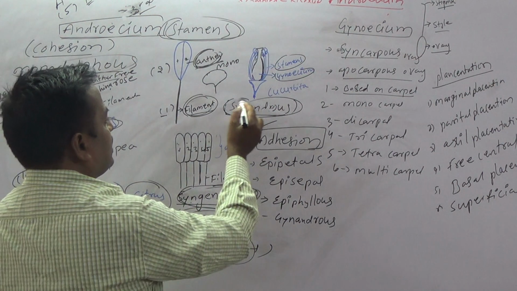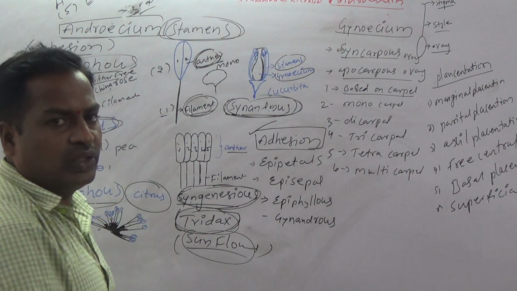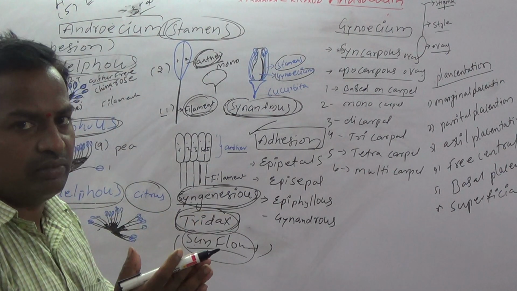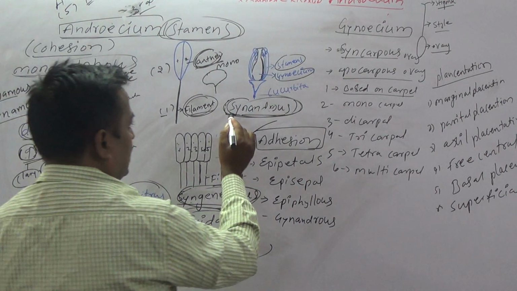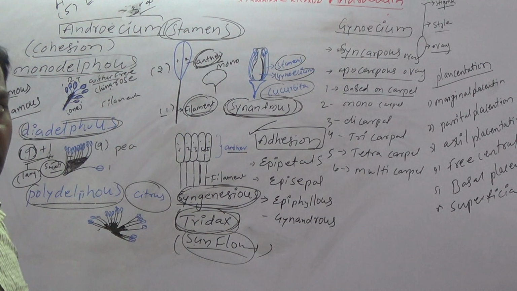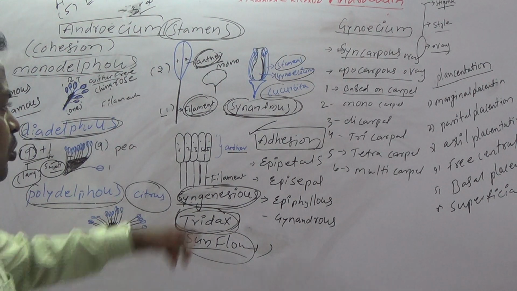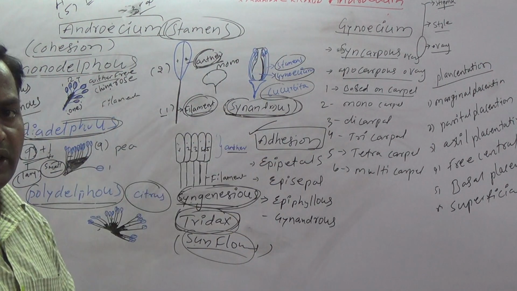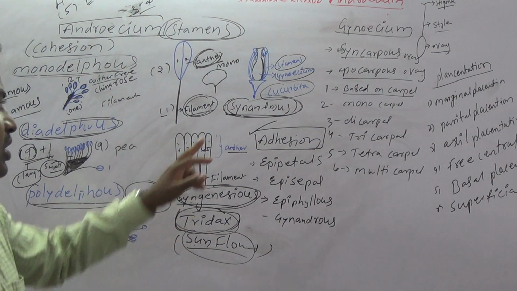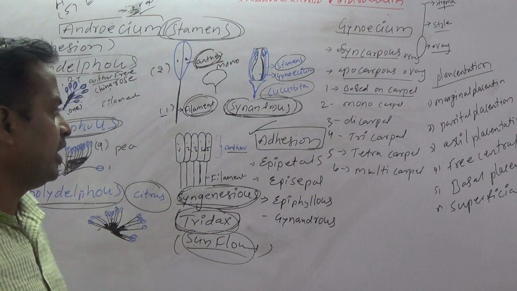That is called synandrous. It is very important, students. The stamens and gynoecium are united, so it is called synandrous. It is reported in Cucurbitaceae family. Synandrous is nothing but the 2 reproductive parts being united, reported in Cucurbitaceae family.